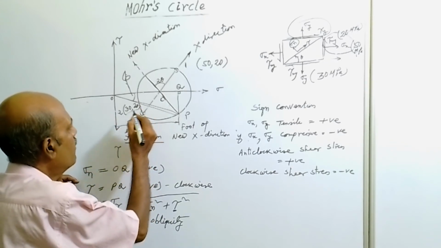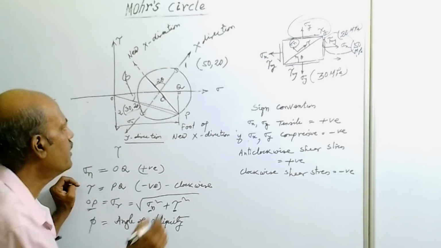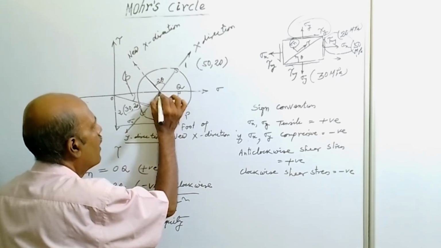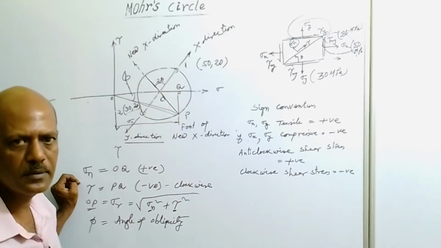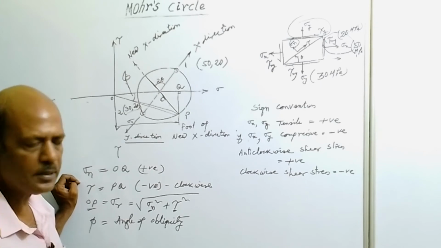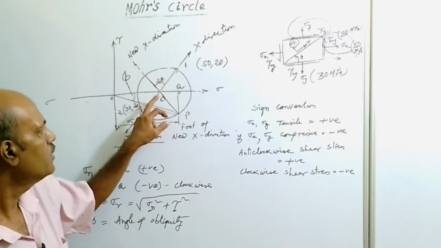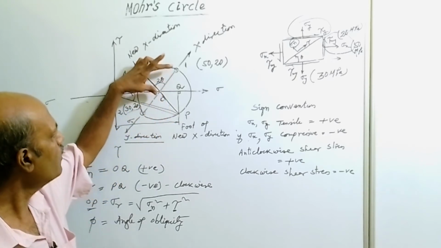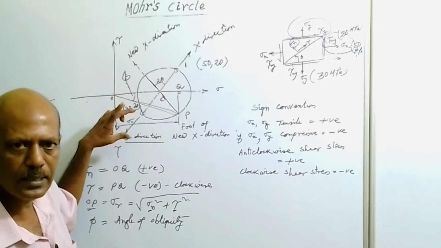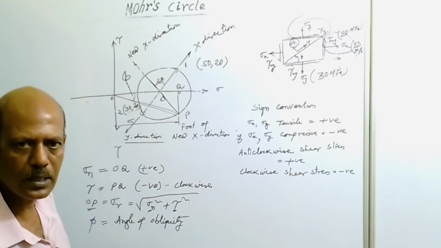Then join point 1 to 2, it will intersect somewhere on the sigma axis, and that point is called the center of the Mohr circle. Take this one as center and this one or this one as radius. Draw the circle. So this is the Mohr circle.